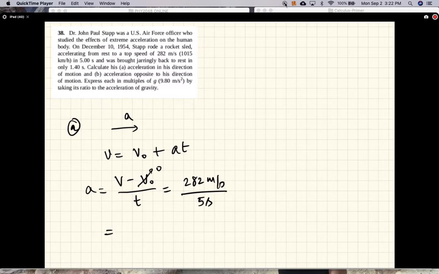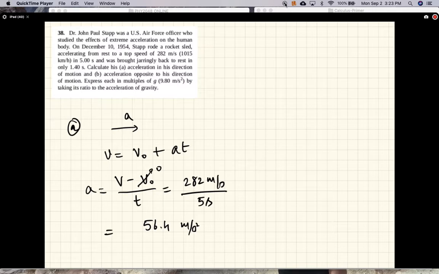So the acceleration is 56.4 meters per second squared.